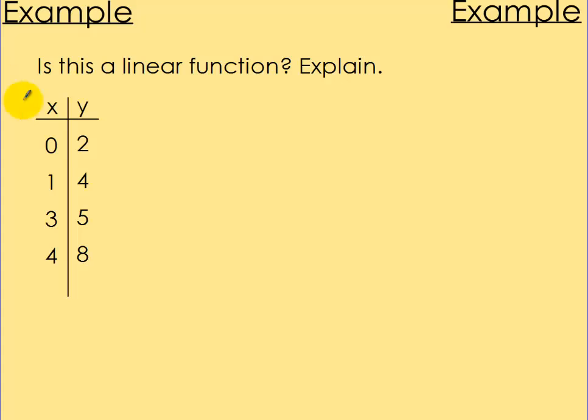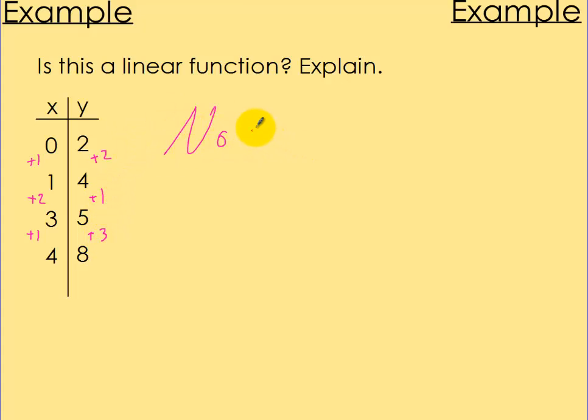All right. Is this a linear function? Explain it. Well, I want to see if I'm going up. Oops, this should have been 2. Oh, no, that shouldn't have been 2. Okay, so let's see if this is a linear function. I went up by 1, I went up by 2, I went up by 1. Huh? That's weird. I'm going up by 2, going up by 1, and then going up by 3.